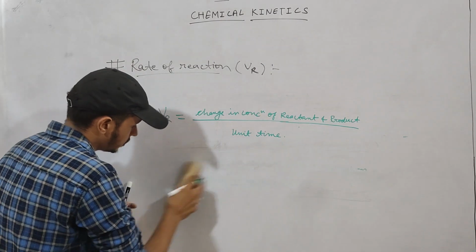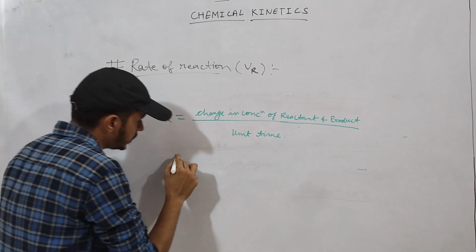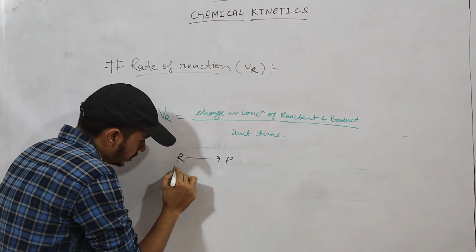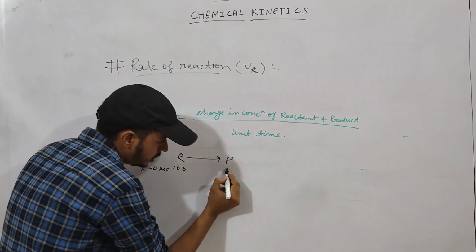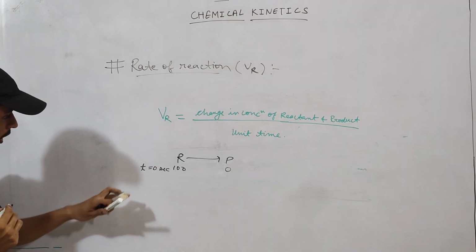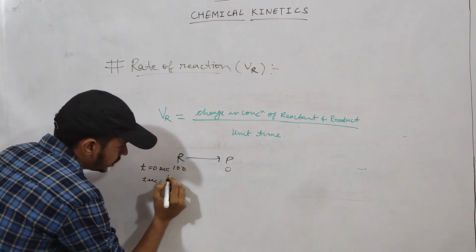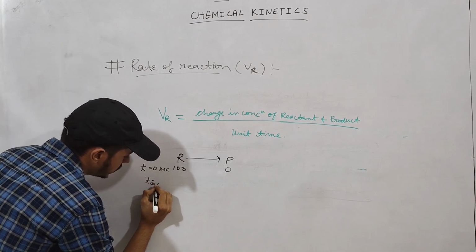Let's say a basic example of how the reactant converts into product. First, reactant is 100% at t equals 0 seconds, and the product is not formed, so it will be 0. After some time, at half a second, let's say, it is 50%.